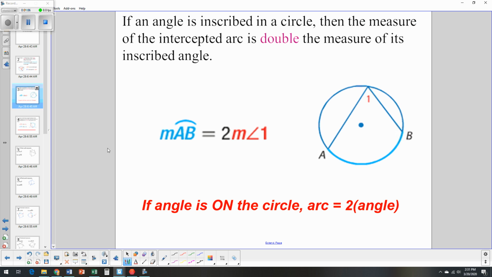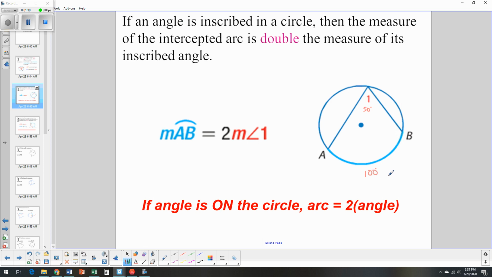What's special here is that if I have an angle inscribed in a circle, then the measure of the intercepted arc is double the measure of the angle. It doesn't matter what it is. Let's say we make up a number and this was 50 degrees. If this is 50, this automatically makes this double that, or 100 degrees.